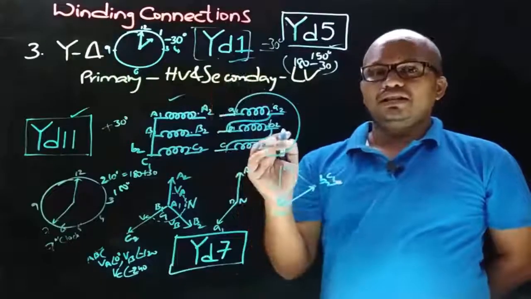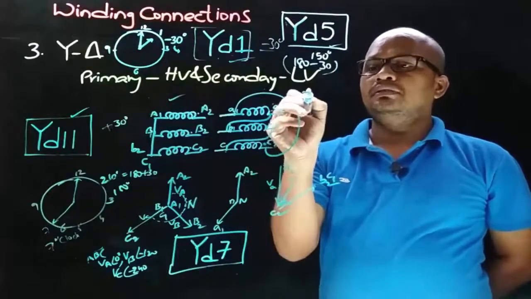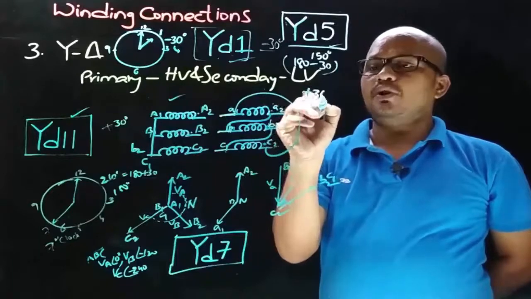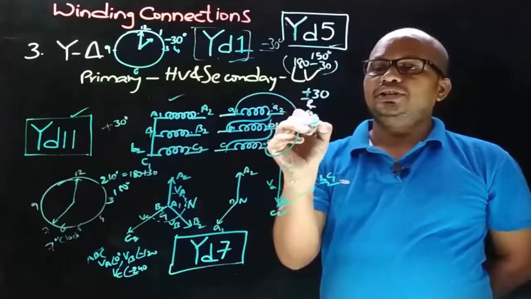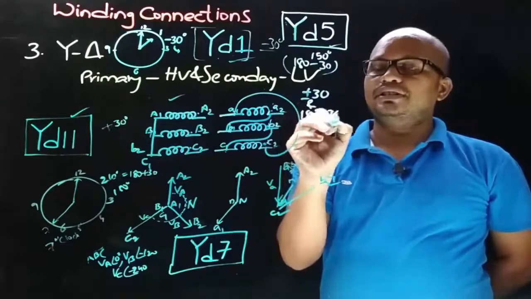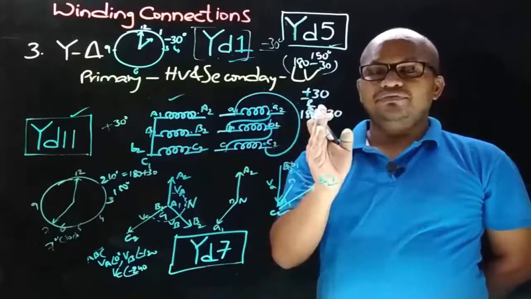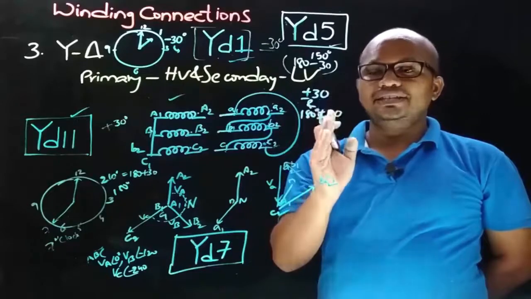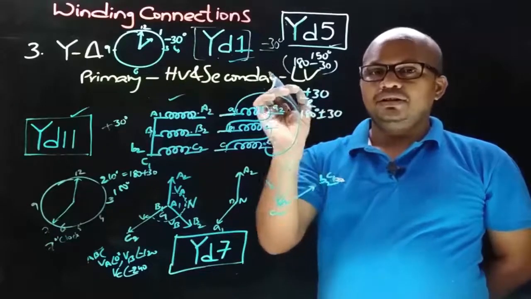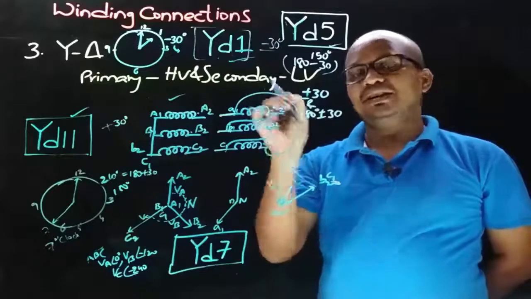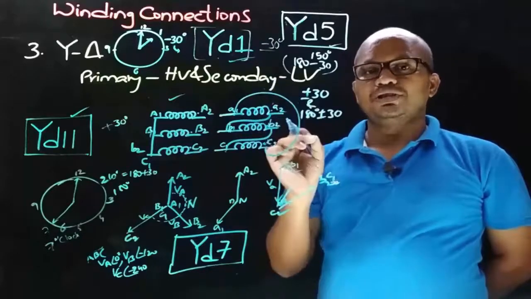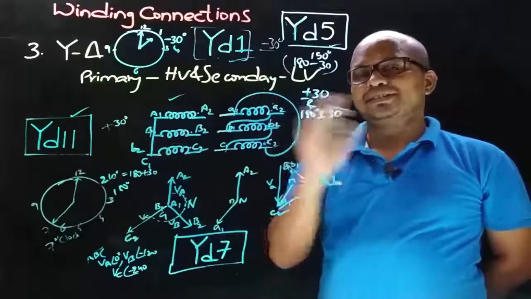With star delta connection we obtain a phase displacement of plus or minus 30 degrees and 180 degrees plus or minus 30 degrees. And this phase displacement always indicates the LV side phase to neutral voltage displacement with respect to the HV side phase to neutral voltage, irrespective of what is primary and secondary.